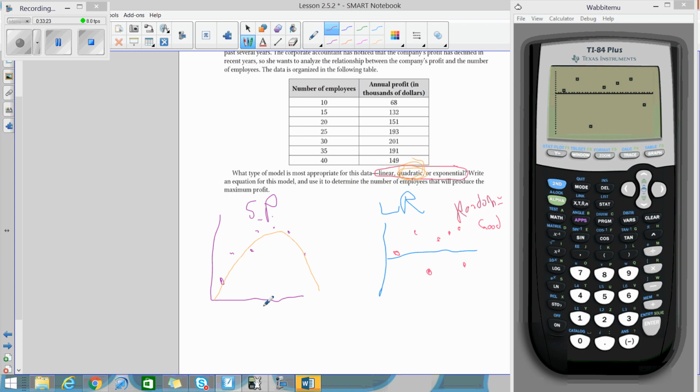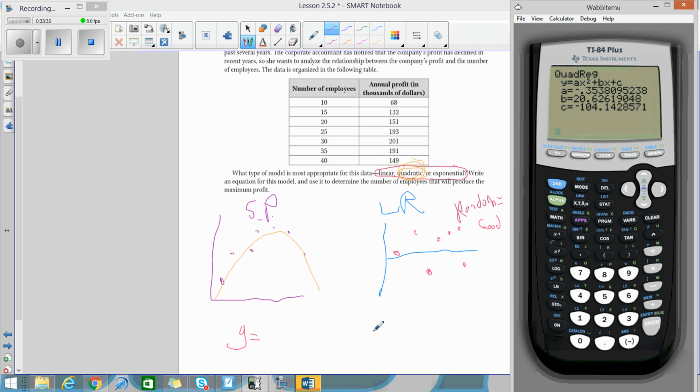So we're going to write out our model that will produce the maximum profit. We go y equals, second quit, and here we go. See, it's written in standard form. So y equals, now just give me 2 decimals, so negative 0.35x squared plus 20.63x, and then minus 104.14.